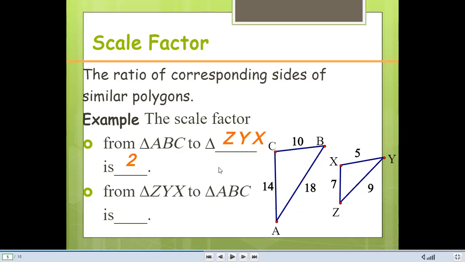Thank you. If you start from the bigger triangle to the smaller triangle, the scale factor is 2. But if you start from the smaller to the bigger, you found that the scale factor equals half. So you have to determine the two triangles first and then the scale factor.